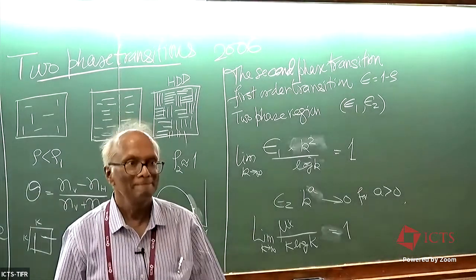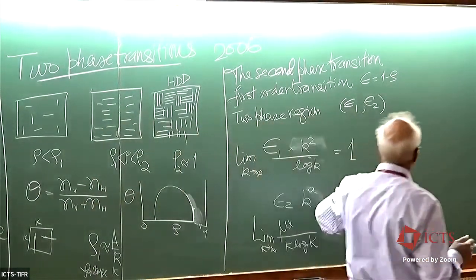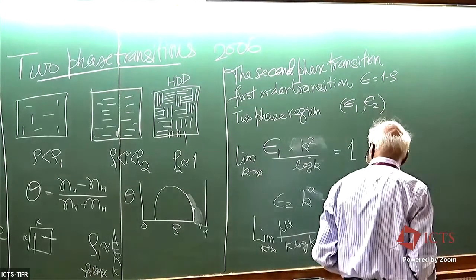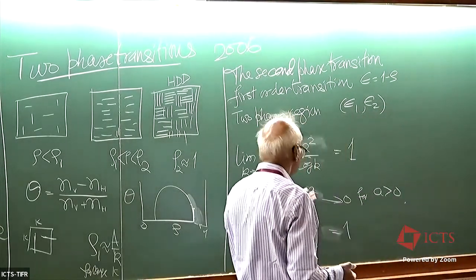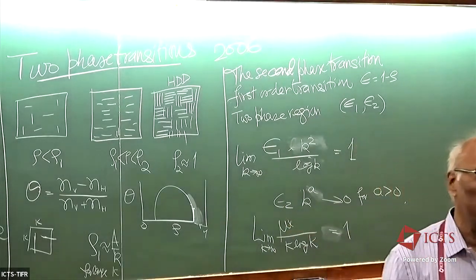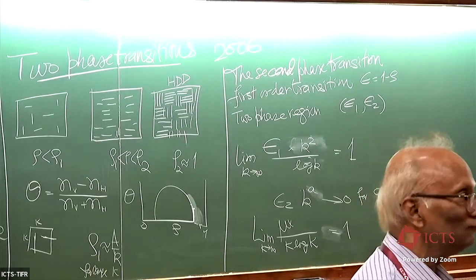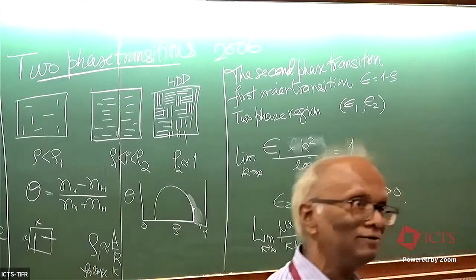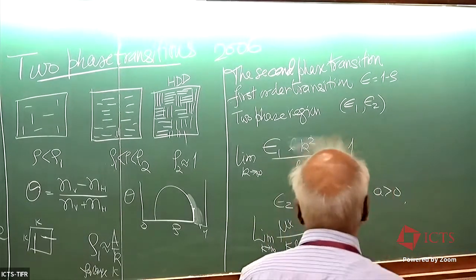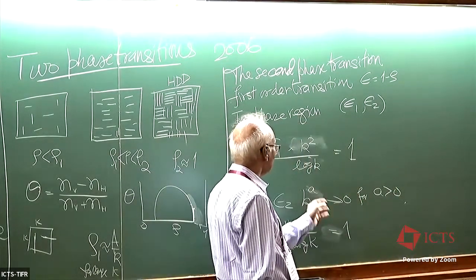Okay, so this is what we would like to show. I will also show that this result holds exactly like this in all dimensions. Even d equal to 3, 4, 5, you get exactly the same result with exactly the same coefficients. This says epsilon 2 goes to 0 faster than any power of k.